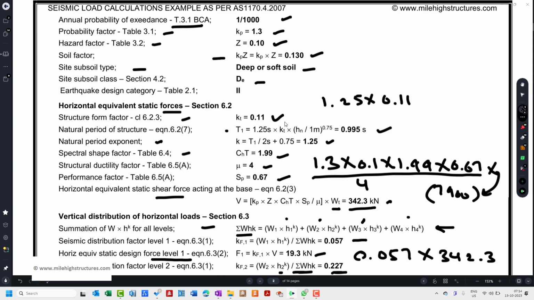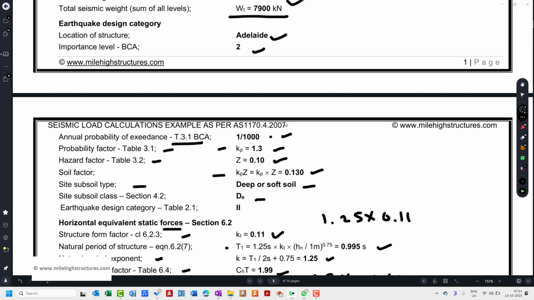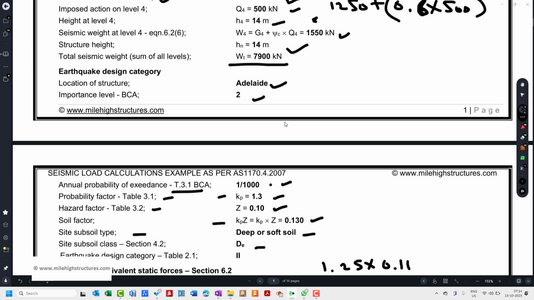So just to repeat here, we have taken the annual probability of exceedance as per the Building Code of Australia as 1 by 1000. So as per the annual probability of exceedance, we have calculated the value of the Kp. As per the location, that is Adelaide, we have calculated the hazard design factor.